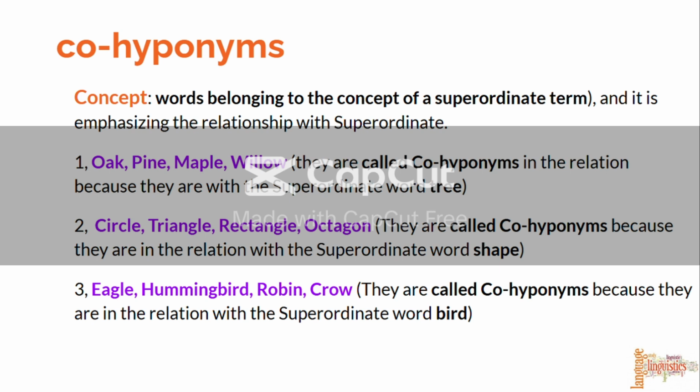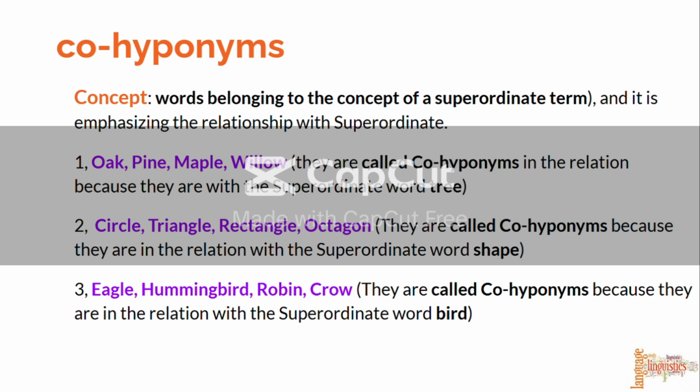So as I mentioned in the concept of hyponyms, co-hyponyms is a group of words that are hyponyms and they are sharing a common feature or a class. Or put it another way, they are sharing a superordinate word of whatever it is.